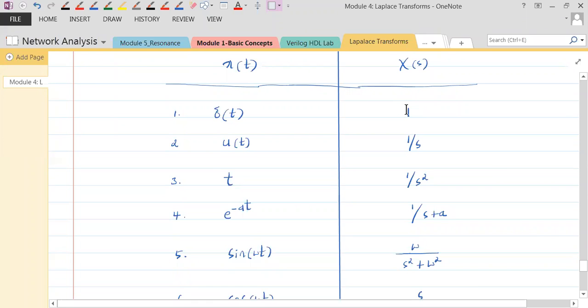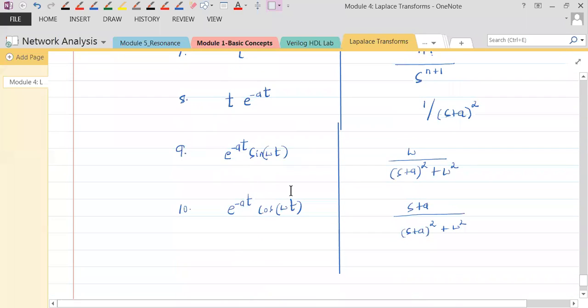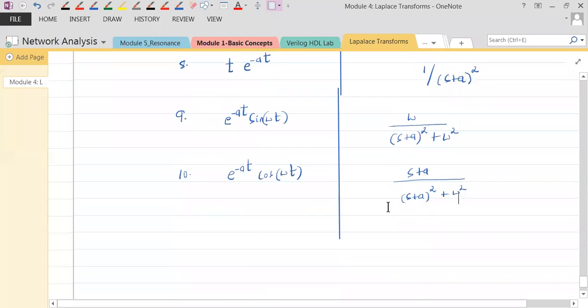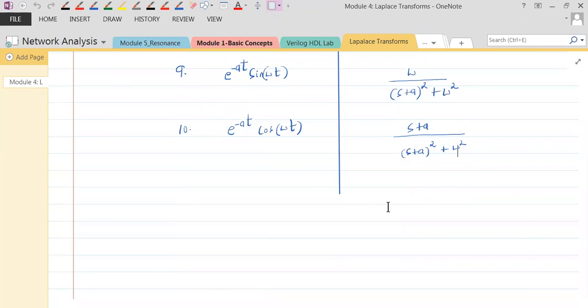So after derivation, and without derivation also, you should be able to remember this, because these are all basic signals. Fine. So now we shall see the properties of Laplace transform. So these are the Laplace transforms for basic signals. If they ask us to find some combinations of these, we can make use of these results.